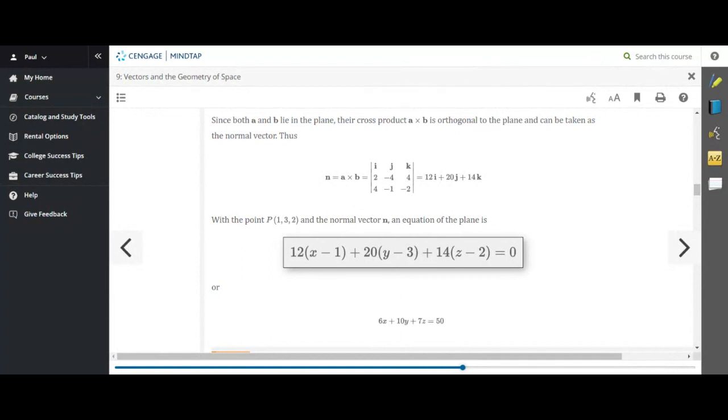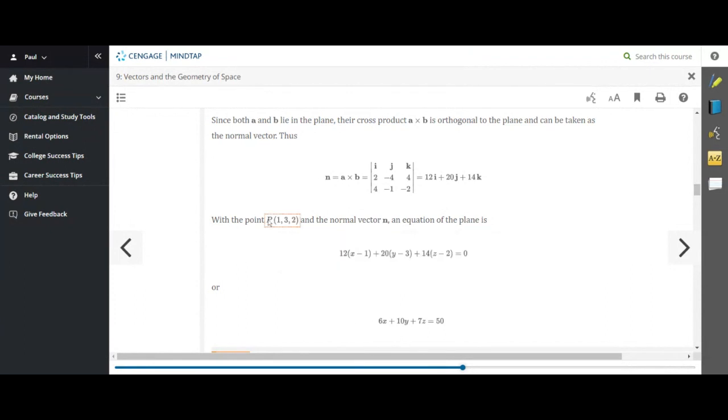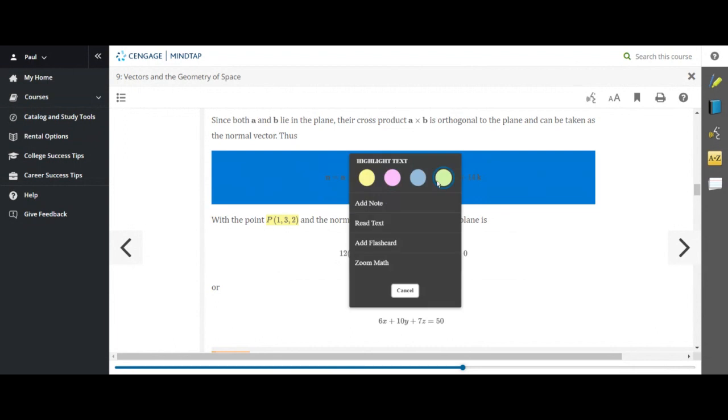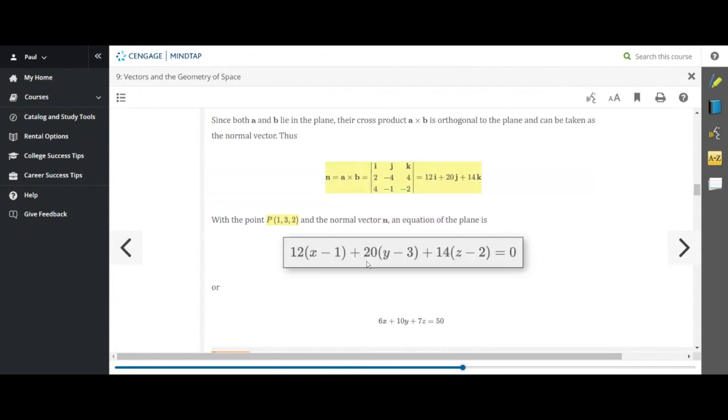So hopefully, again, what they're doing is they are using the point 1, 3, 2. Let me see here. One moment. There was a question.